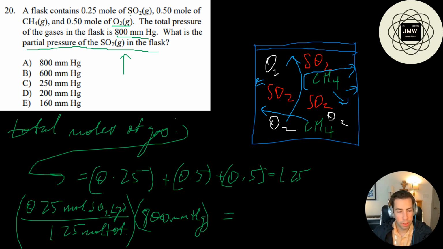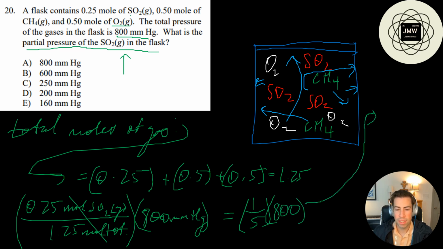All right. So 0.25 divided by 1.25 is going to be 1/5. And my moles are going to cancel. And then you're going to multiply by 800. I'm not sure if you're allowed to use a calculator. I don't remember. But anyway, it'll be 800 millimeters of mercury divided by 5.